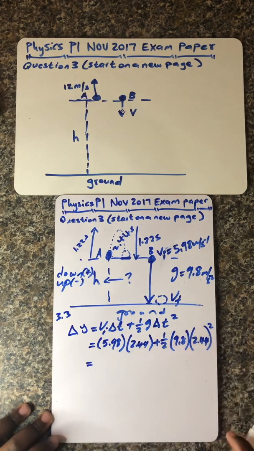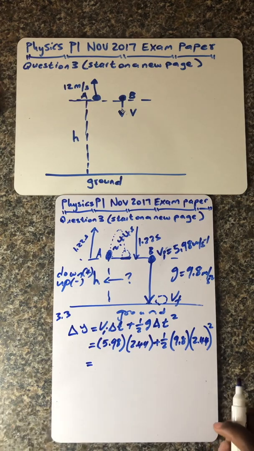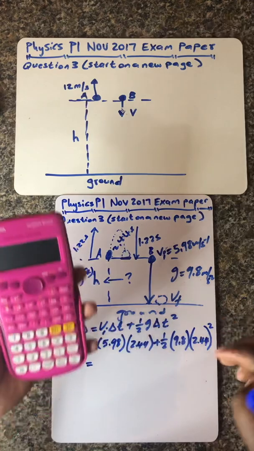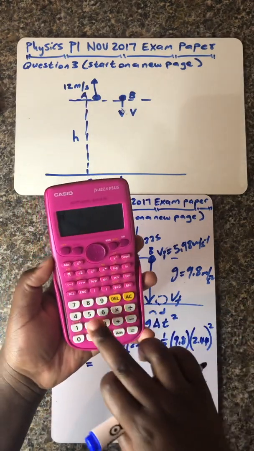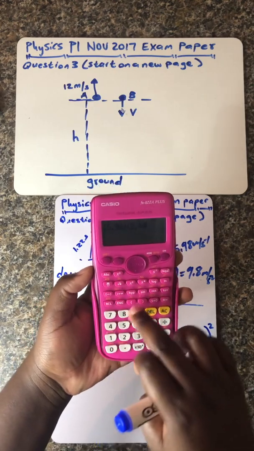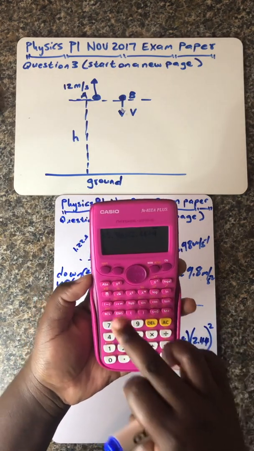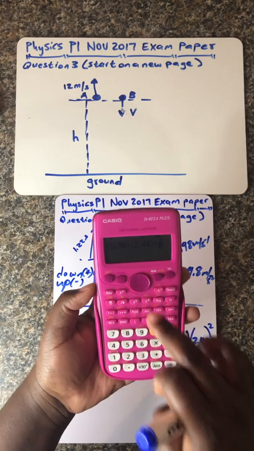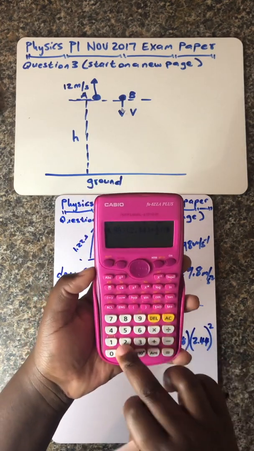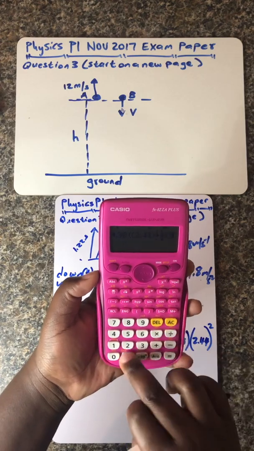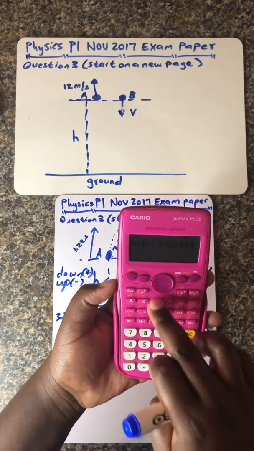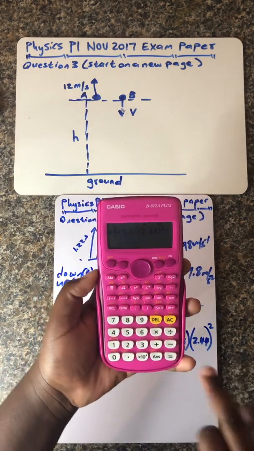Then our next step is to punch all of this on a calculator. So you can now pull out your calculator: open bracket, 5.98, close, open, 2.44, close, plus fraction button, 1/2 in brackets, 9.8, close, open, 2.44, close and you square.